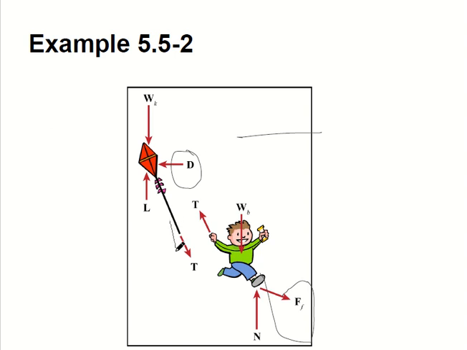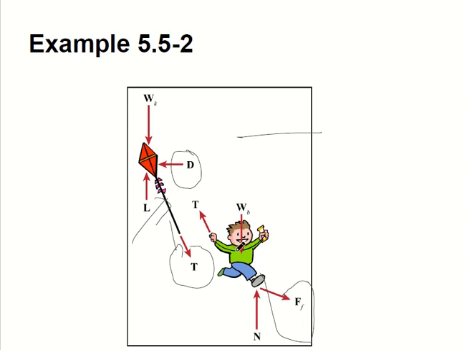Of course this is your tension because of the rope between the boy's hand and the kite, so you also have a tension force. You have a tension force exerted by the boy on the kite and by the kite on the boy, two of them in opposite directions, and then your lifting force from the air, and you also have the weight of the kite going downwards, the weight of the boy going downwards.